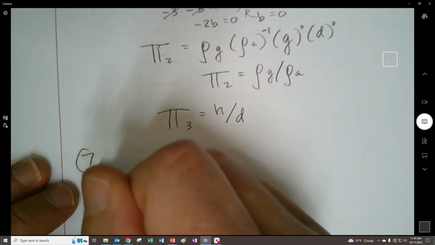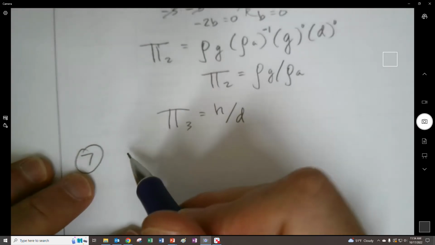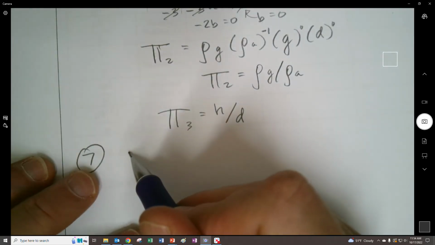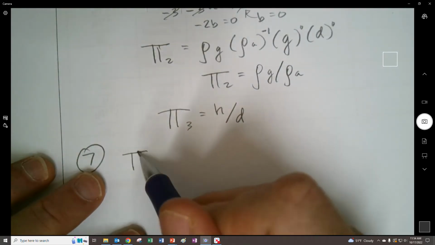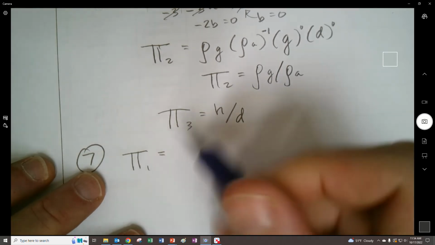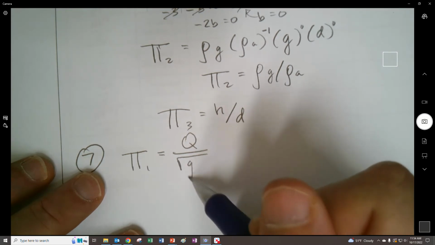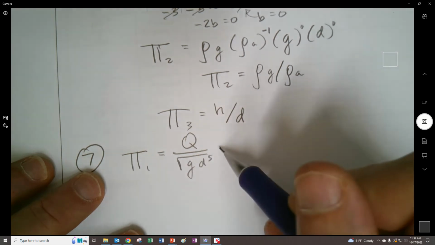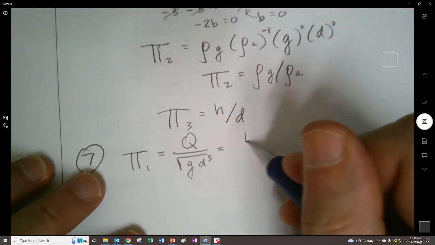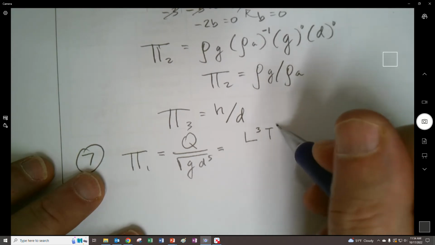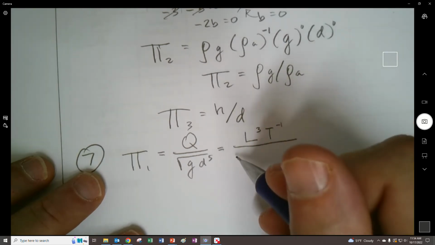For our last one, we really should double check our pi terms' dimensionality, especially the first pi term because it's a weird one where we had Q divided by square root of g d to the 5th. If we were to, let's put these in there just as a double triple check.